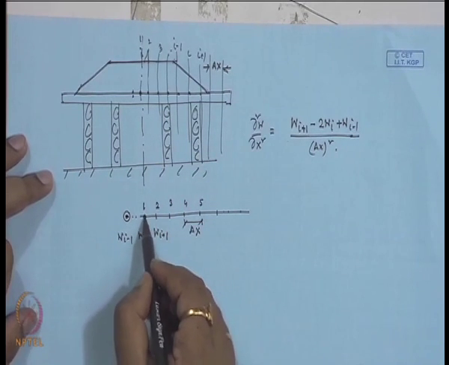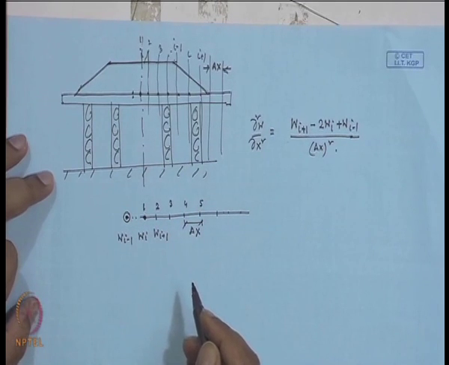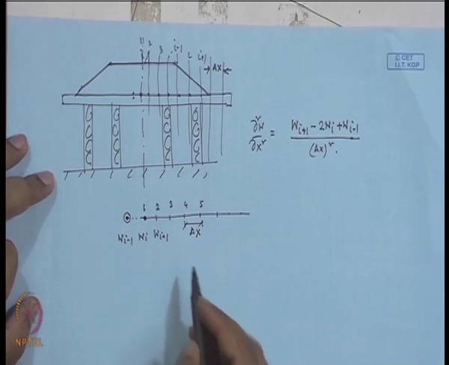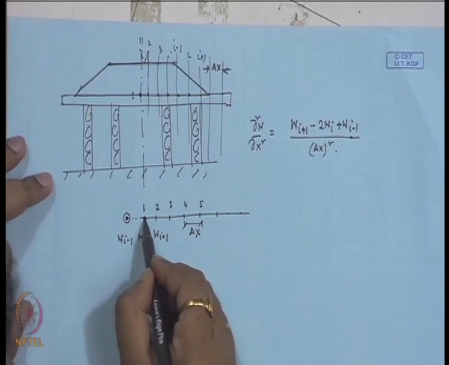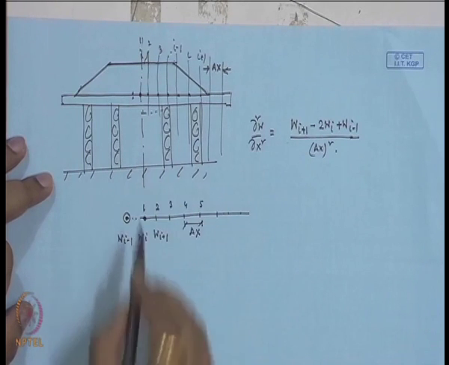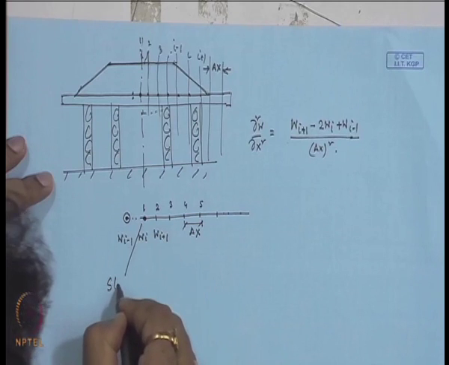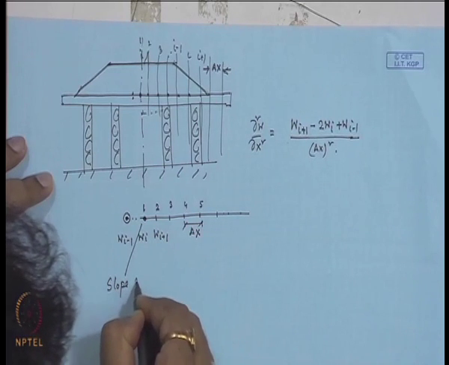Now, we have to determine this node, and for that purpose we need a boundary condition. That boundary condition is that at this point we consider the slope of the settlement to be 0, as it is symmetric.